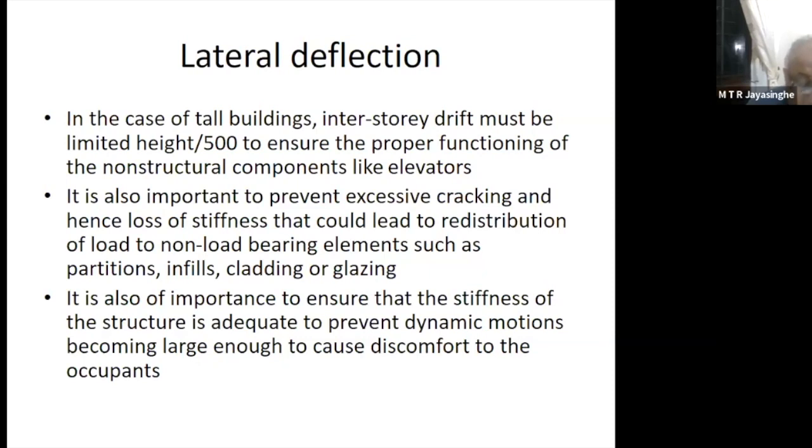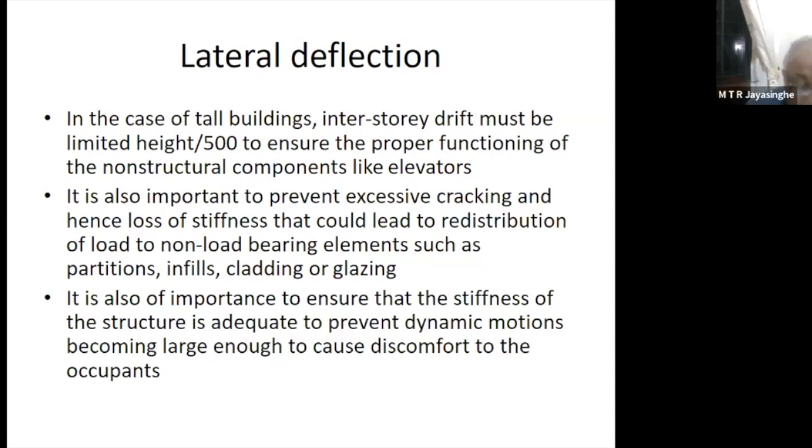The reason is in most of the buildings, I showed you earlier in one of the lectures, the shear walls behave in cantilever mode. The frames behave in the shear mode. Because of that, the cantilever mode dominates at the lower part of the building, and the shear mode dominates in the upper part of the building.